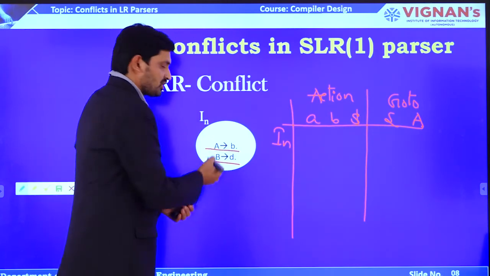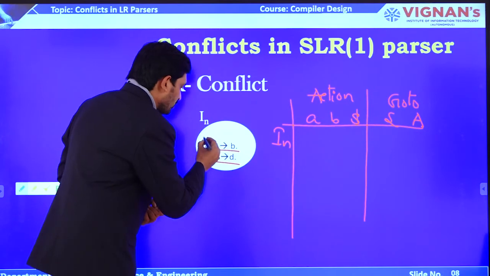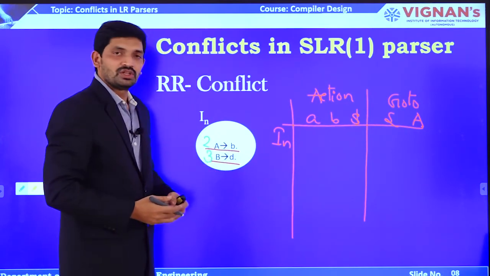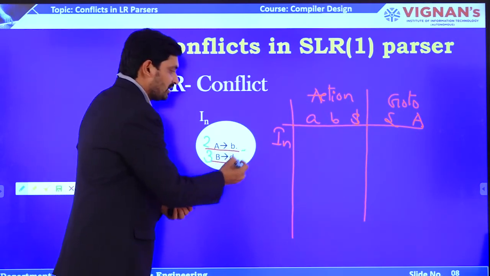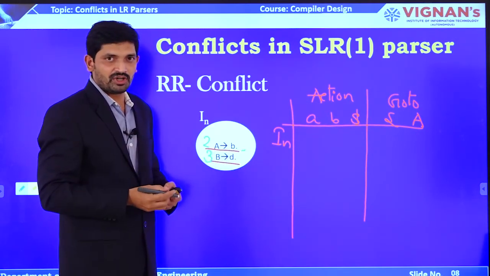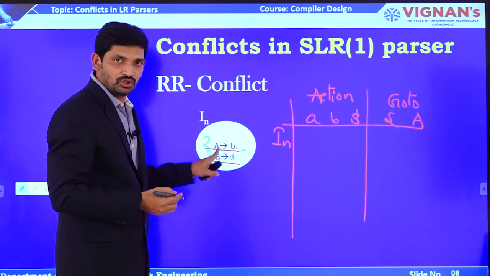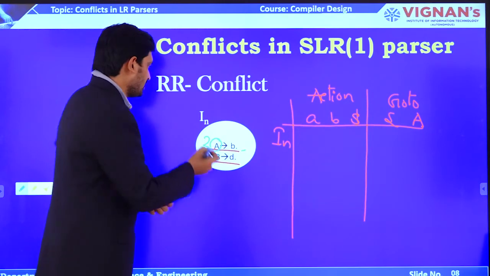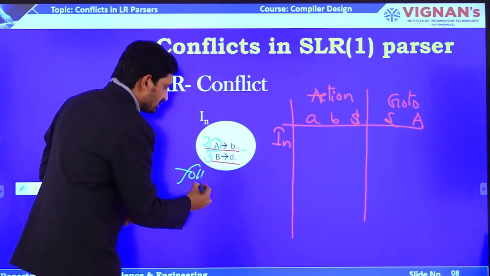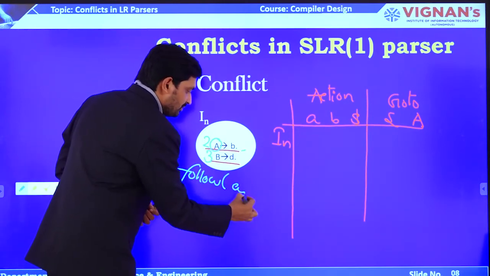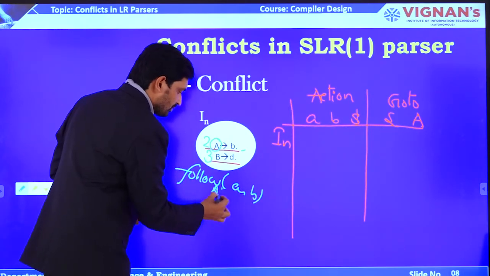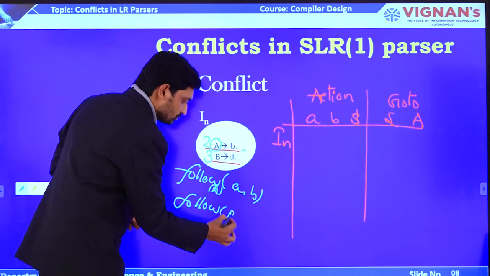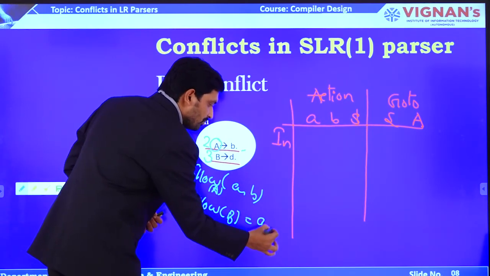Come to the first production. Let us say this is the production 2, and the other production number is 3. Because of this final item, I have to perform the reduction operation, and I have to place the reduce operation in the follow of capital A. Let us say follow of capital A is a comma b, and follow of capital B is also a comma b.